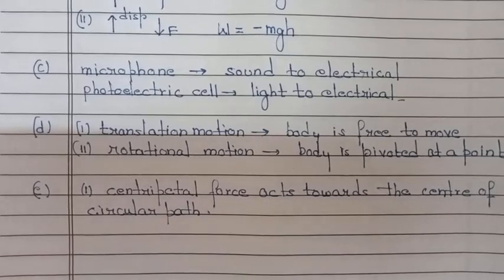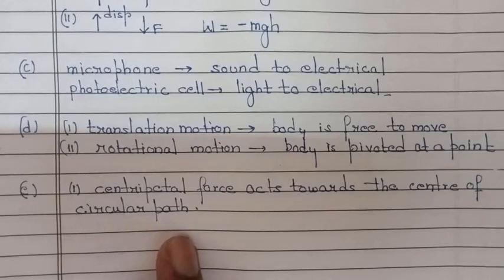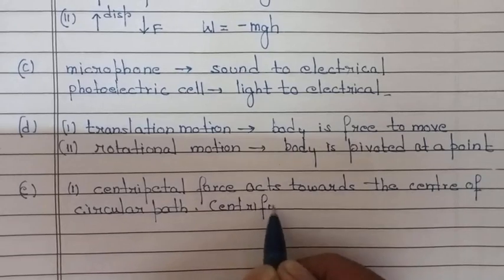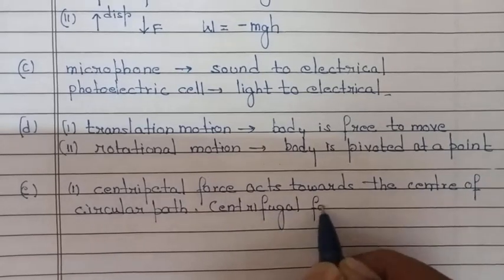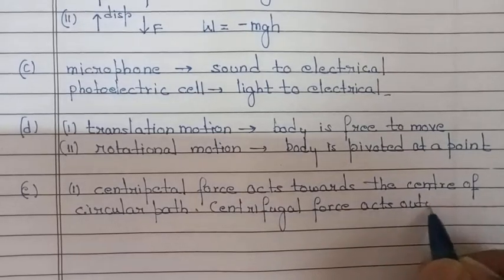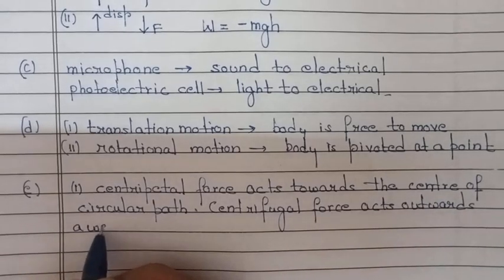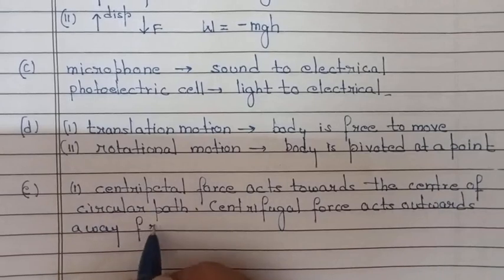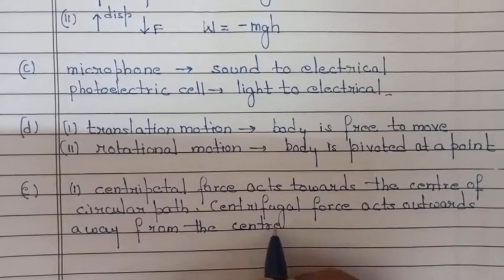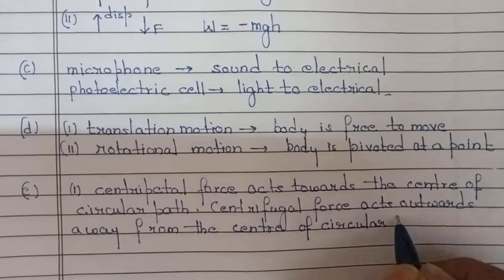Centripetal force always acts along the radius towards the center of the circular path, whereas the centrifugal force acts outwards along the radius away from the center of the circular path.